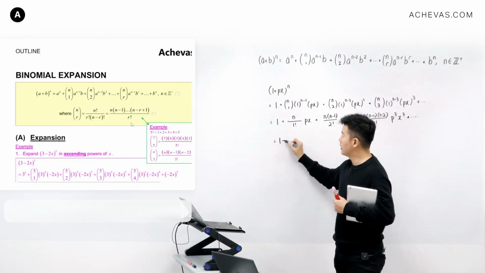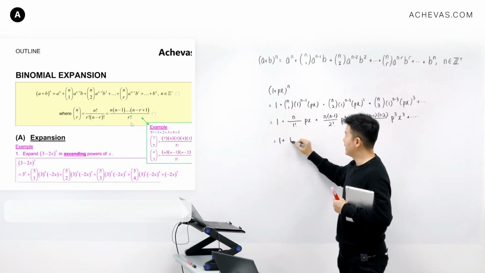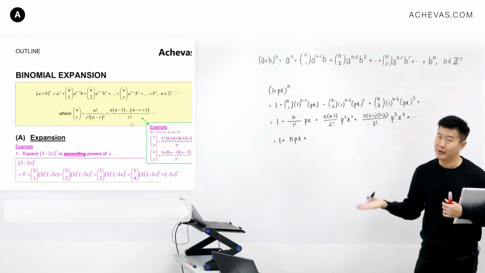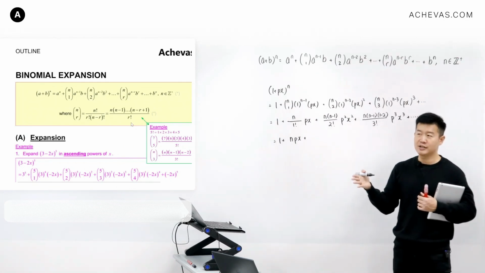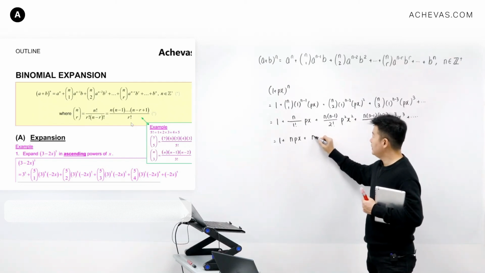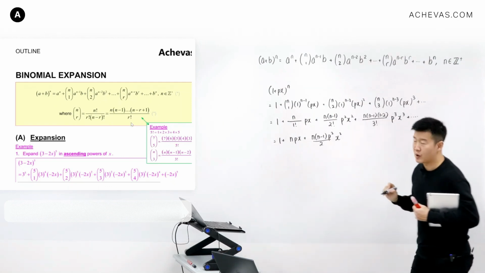This is going to be 1 plus n divided by 1 factorial. 1 factorial is just 1. So it's going to be npx plus 2 factorial. 2 factorial, we can press this with our calculator, or it is simply 2 times 1, which is 2. So it's going to be n minus 1 p square over 2, x squared.